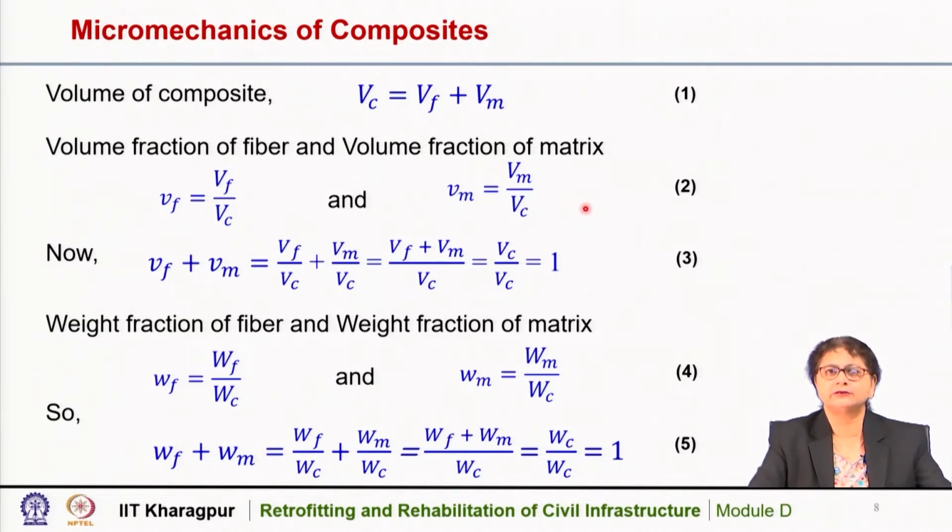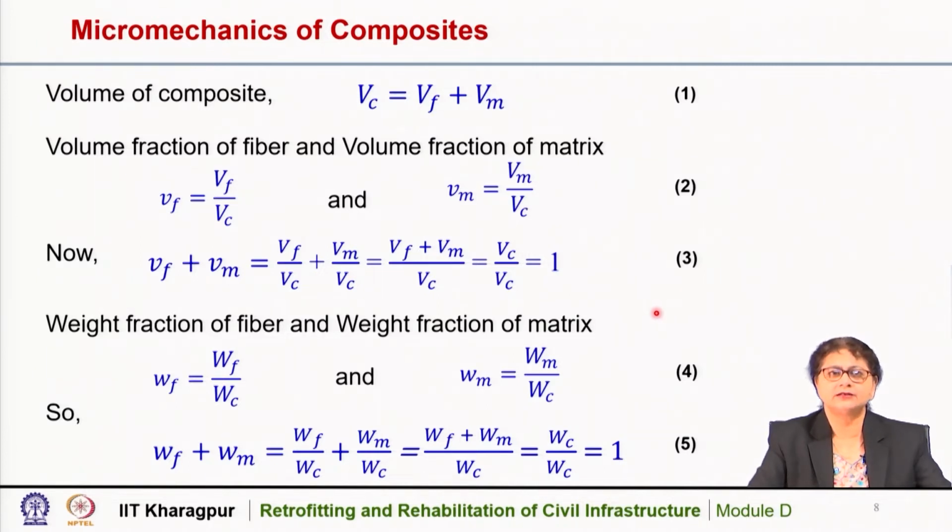Similarly, the volume fraction of matrix is the volume of matrix divided by the volume of the total composite. Now, if we add the two volume fractions of fiber and matrix, that is vf plus vm, we can see that it is equal to 1. So, vf plus vm, that is the volume fraction of fiber and the volume fraction of matrix, is equal to 1.